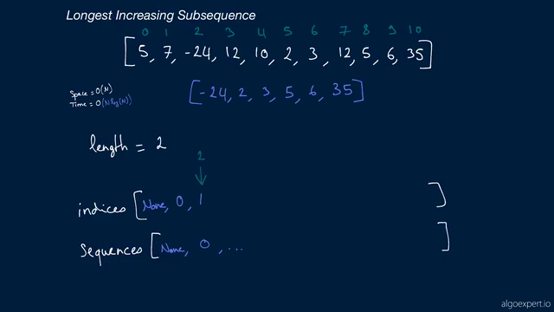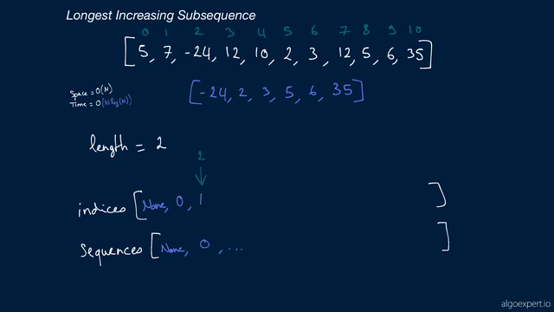I'm just going through it kind of intuitively. 5 and 7 are both greater than negative 24. So that means negative 24 cannot come in an increasing subsequence after 5 or 7. And those are the only two options we have. So that means we can only have an increasing subsequence of length 1 that starts and ends with negative 24.